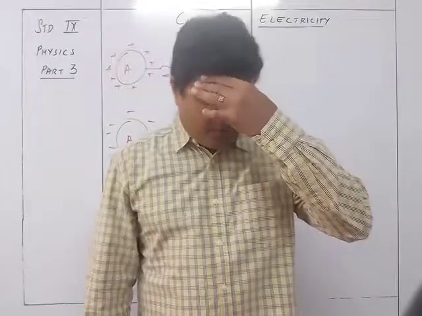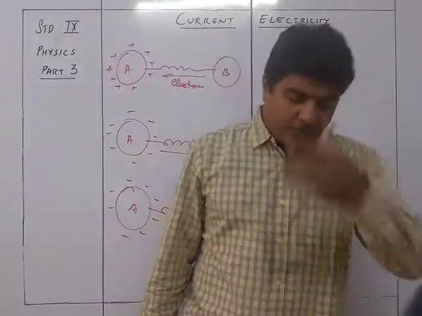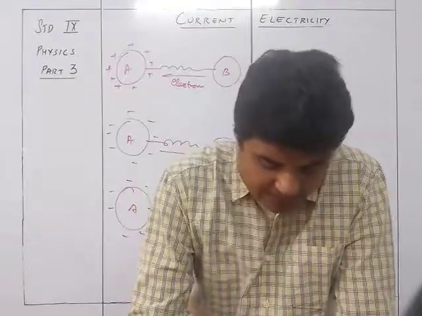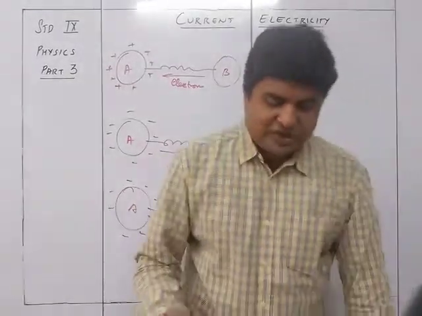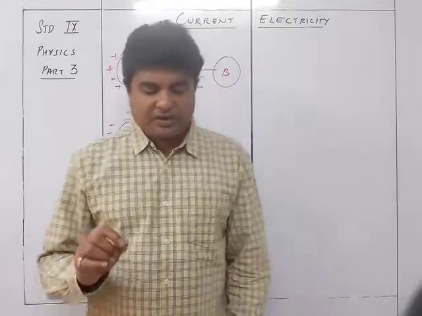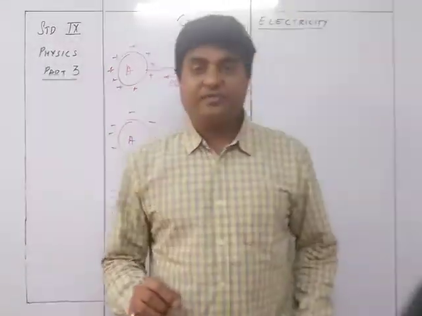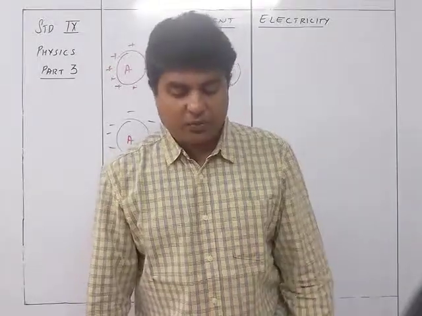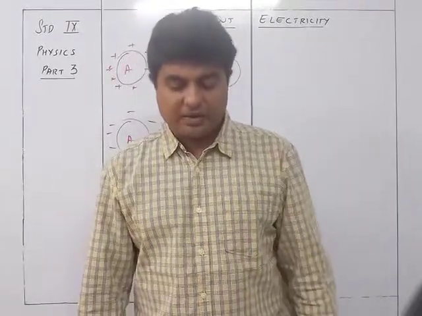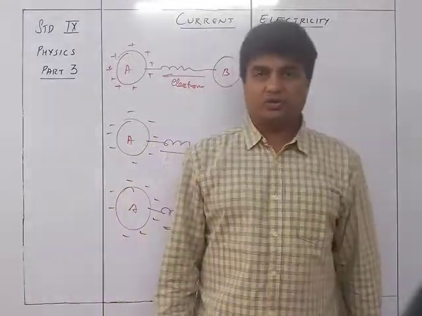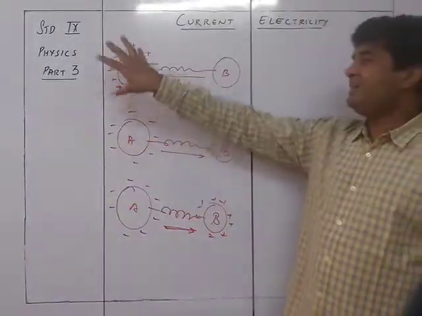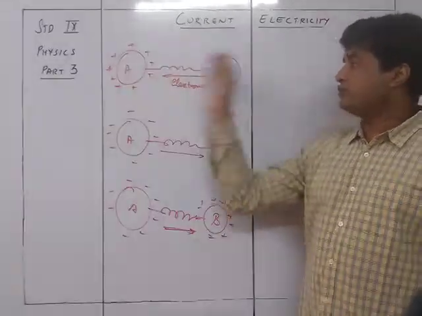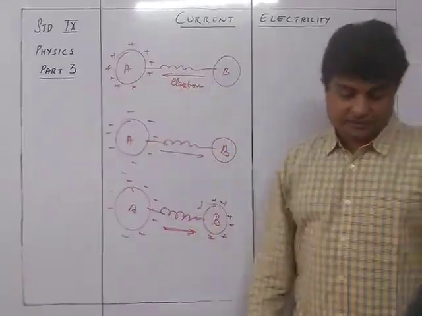Example 1: in figure 9.18, a positively charged conductor A is connected by a metal wire to an uncharged conductor B. Electrons move from the uncharged conductor B to the charged conductor A to balance the deficit of electrons in conductor A. This movement of electrons will continue till both the conductors have equal concentration of electrons. So in this case, till the number of electrons here and here become equal, the flow of electrons from B to A will keep on taking place.